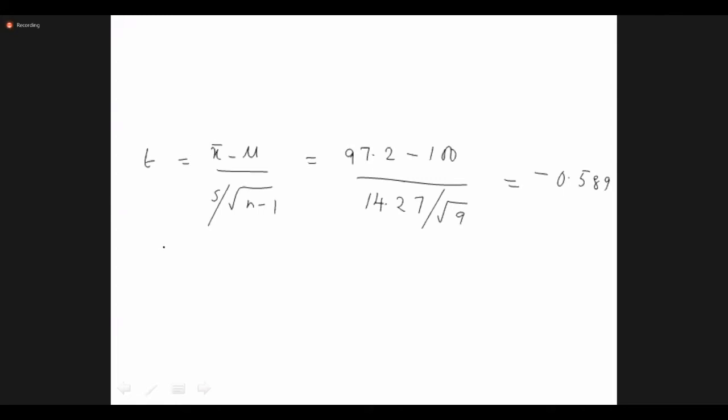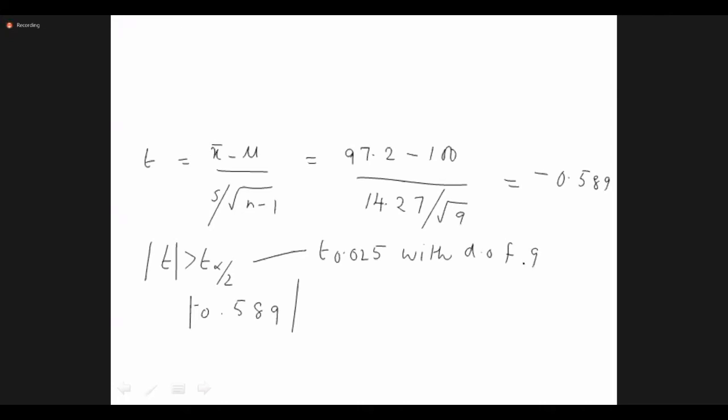Let us find it. Two-tailed test: mod t greater than t alpha by 2. Mod t is 0.589, and t alpha by 2 is t at 0.05, so 0.025, with 9 degrees of freedom.